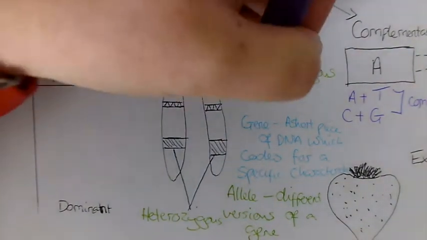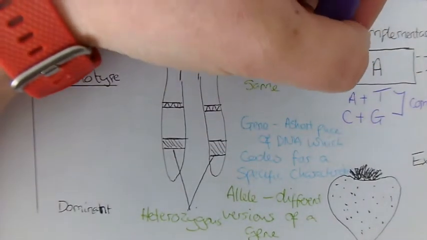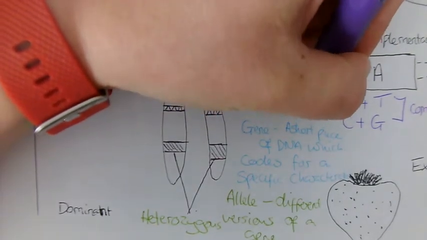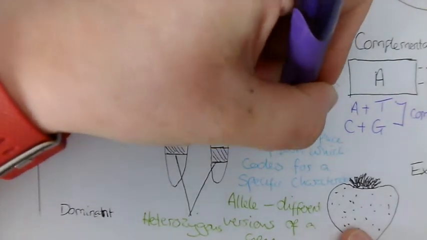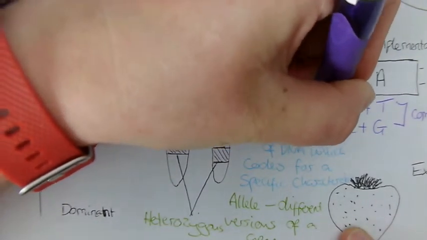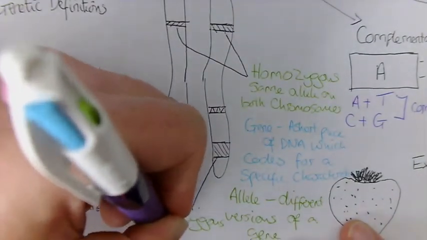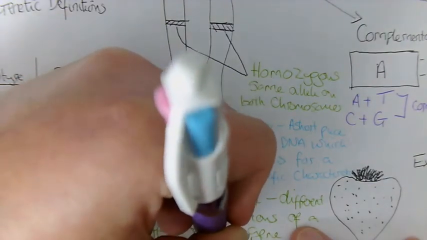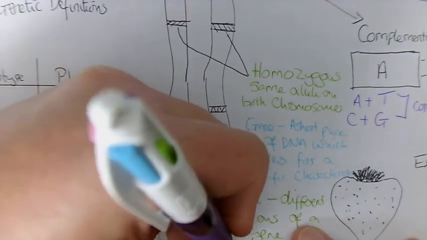So that is same allele on both chromosomes. Heterozygous means different alleles on chromosomes.